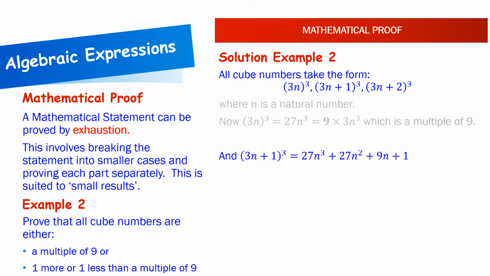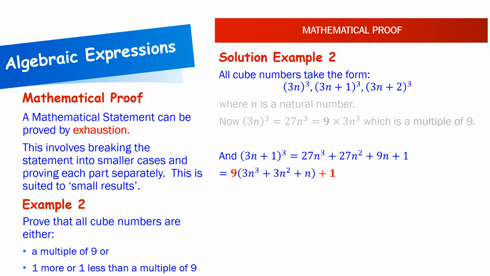Now let's take a look at 3n plus 1 all cubed. This equals, once we've expanded, 27n cubed plus 27n squared plus 9n plus 1.